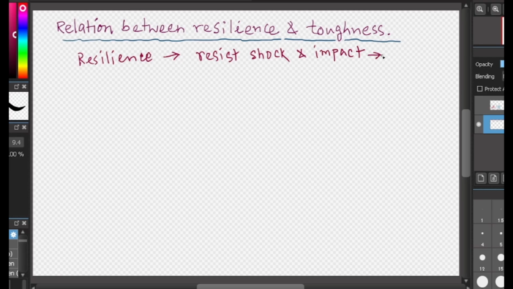Okay, so over here one important parameter that comes into the picture is strain energy. In short form I am writing SE, without permanent deformation.